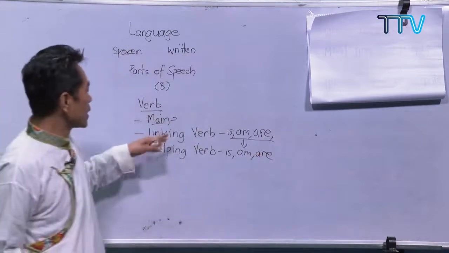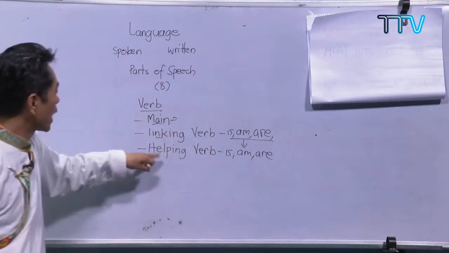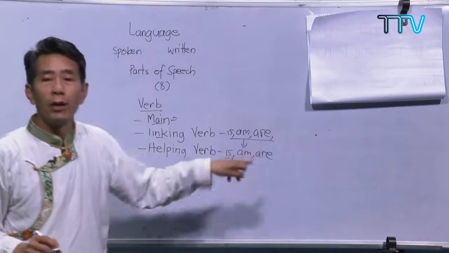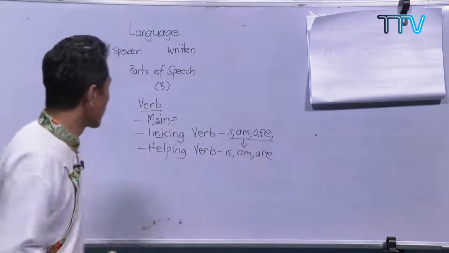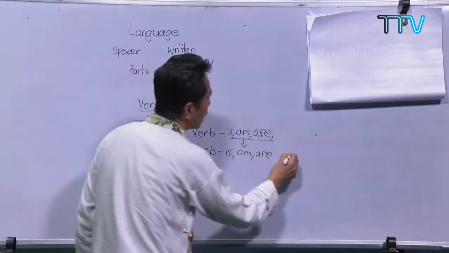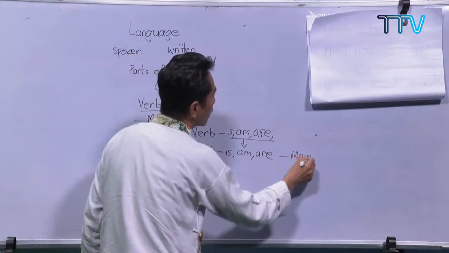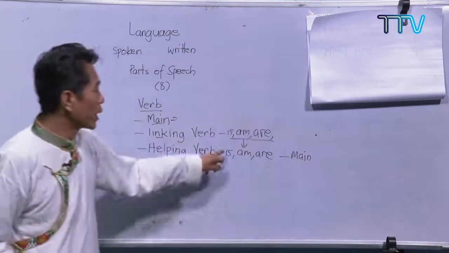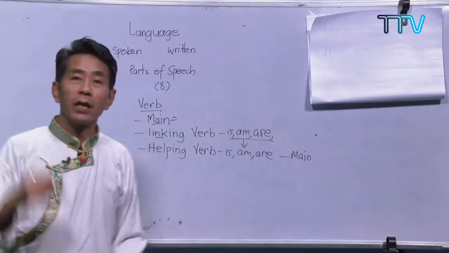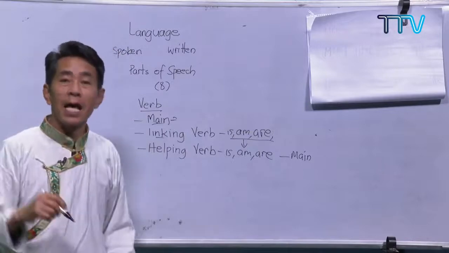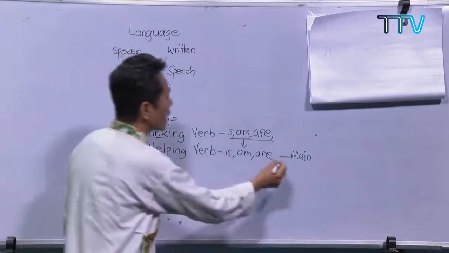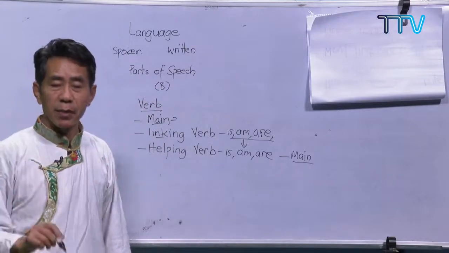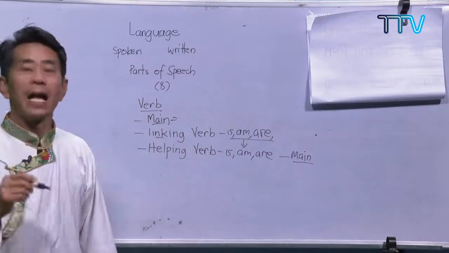The only difference is that whenever we use these as a helping verb, we have to keep in mind that there will be one main or principal verb. For example, Tashi is eating. Here, is is not a linking verb; it is a helping verb, because there is one main verb. Eating is the principal verb, so is is the helping verb.